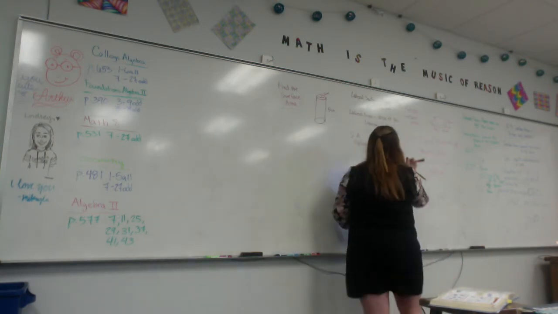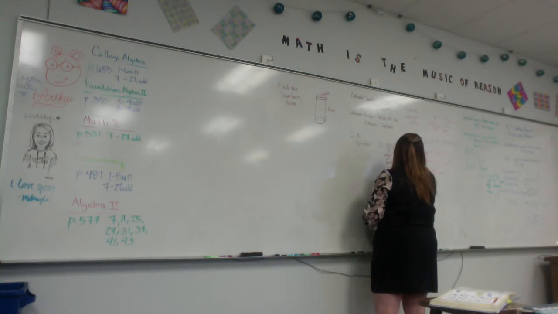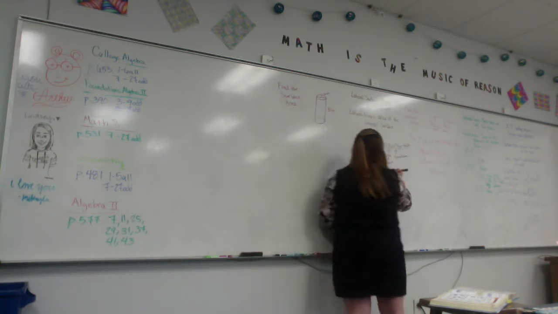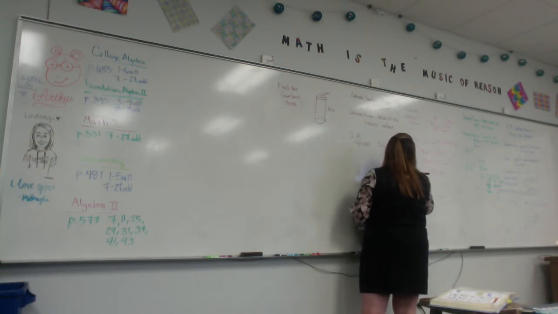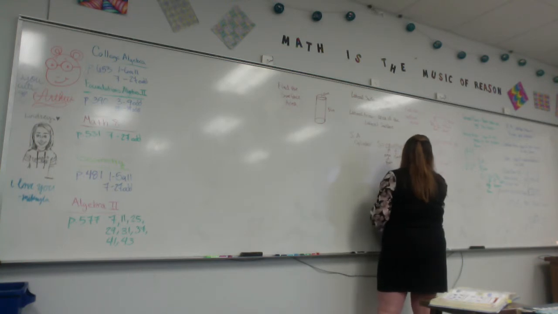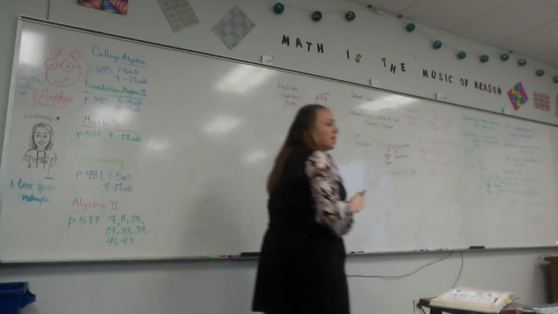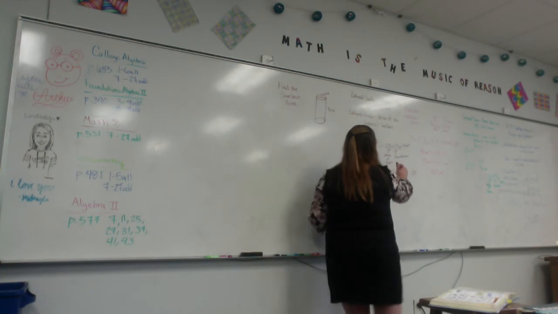So this is my circumference, and this is my height. Now, question, what is the formula for circumference? C equals 2 pi r, or C equals d pi. Yeah, d times pi. It depends if you have your diameter or your radius which one you're going to use. Cool? So we basically are subbing this whole formula in for that.